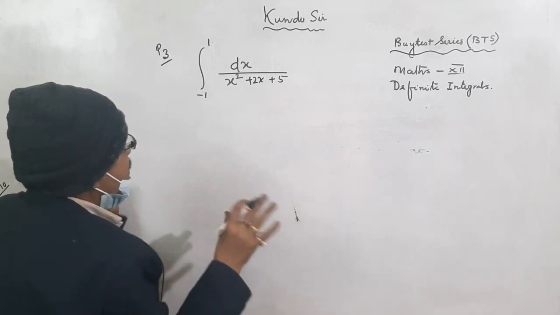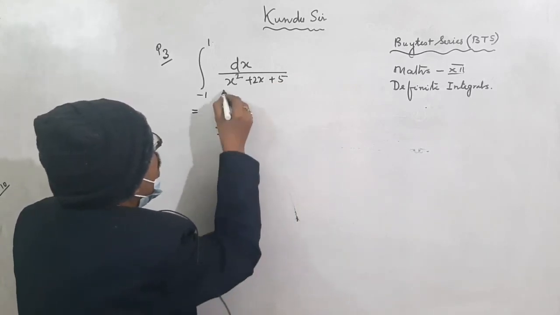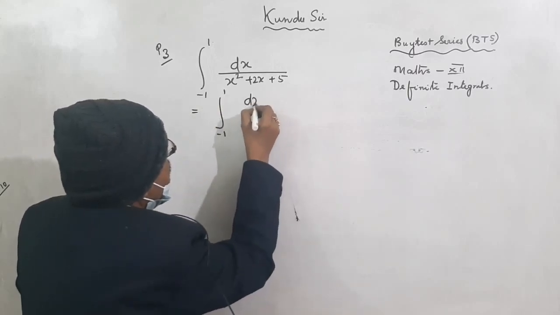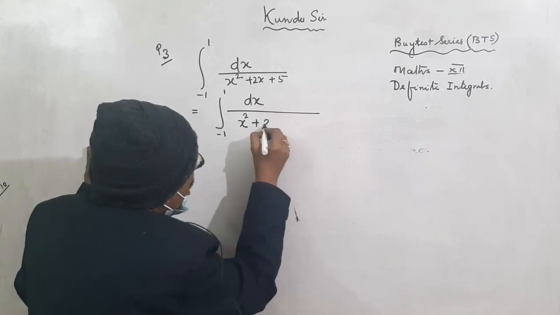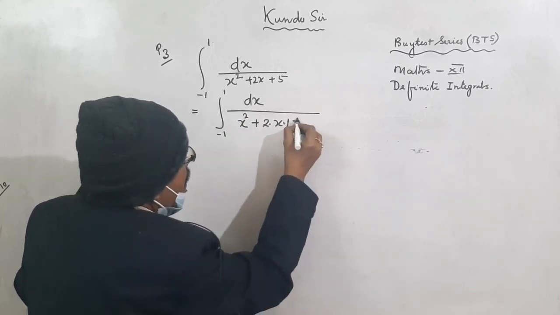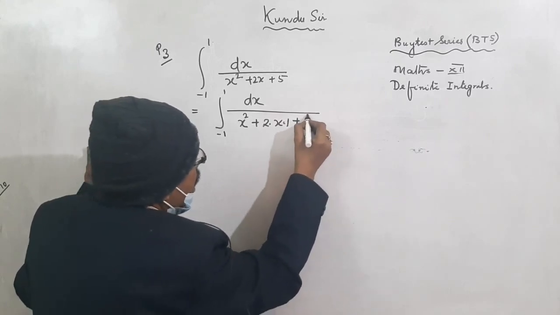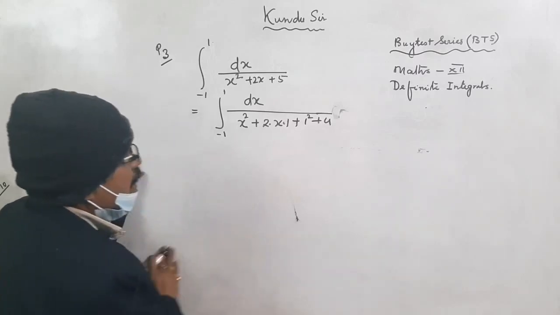Now we are arranging it. How? Minus 1 to 1, then dx upon x square plus 2x plus 1, that is, a square plus 2ab plus b square, plus 4. We are writing this.